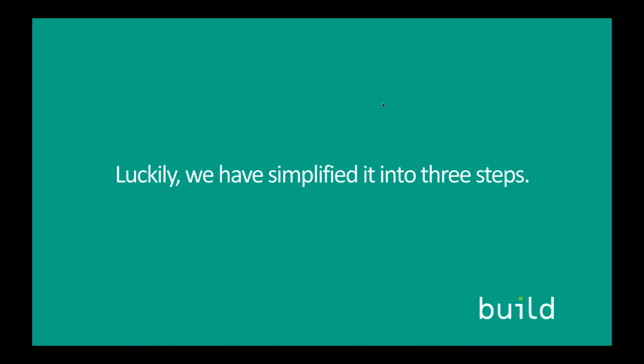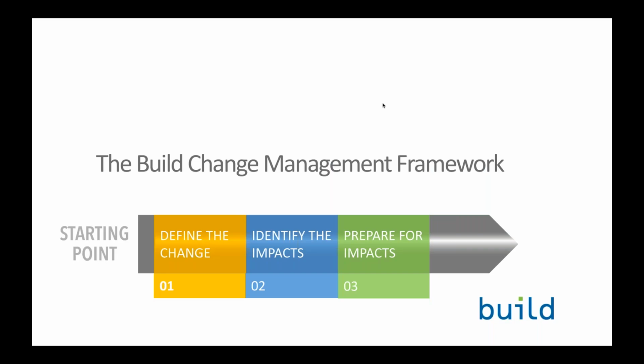The good news is, and you'll see there's tons of research, books, theories, etc., out in the change management and consulting communities. It can get awfully complicated. What we've done is actually tried to simplify it into three steps to get people started down this road. And these are the three steps: defining the change, identifying the impacts from that change, and then preparing for those impacts.